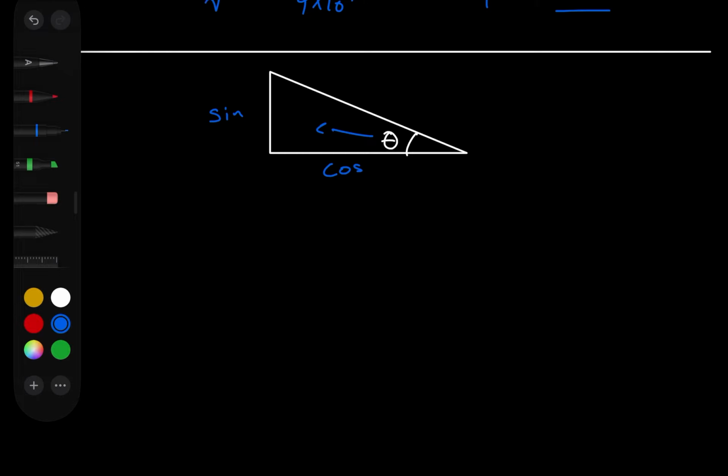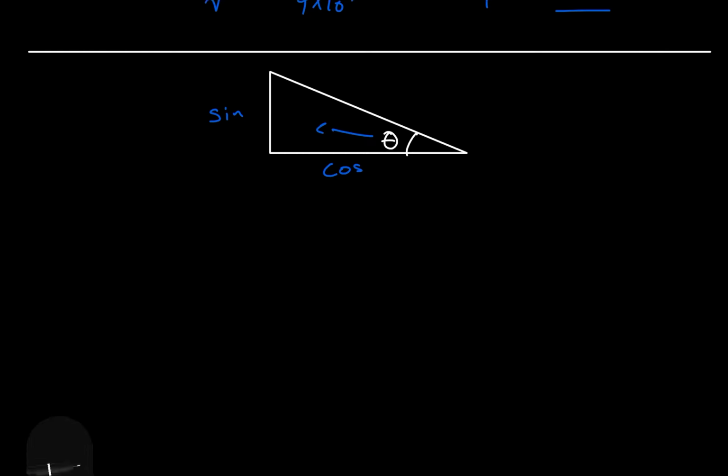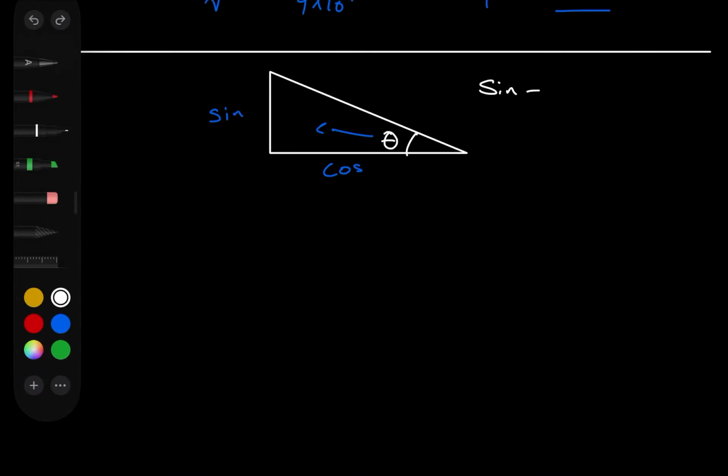Sometimes the triangle kind of inverts like the one we did before, and as a result, you have to make sure you're using the right trigonometric ratios. And this actually comes from the rule of SOHCAHTOA, where sine of theta is equal to opposite over hypotenuse, and cosine of theta is equal to the adjacent side over the hypotenuse.